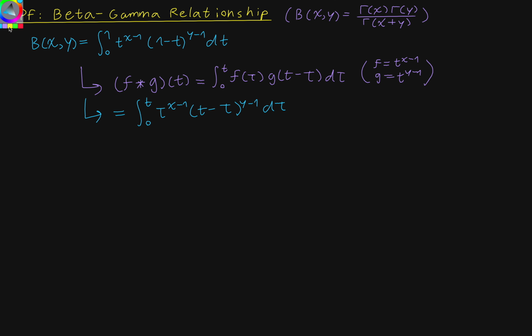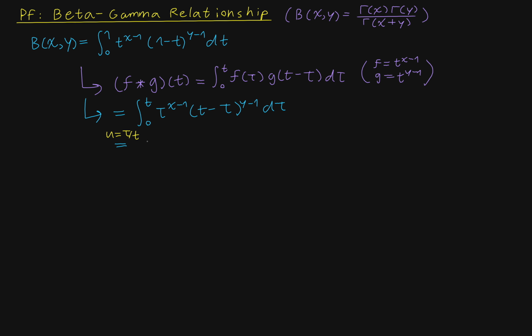Okay, so now what we want to consider is a substitution. If we let u be equal to tau over t, then we're going to get some nice simplification. Basically, we're going to get three pairs of t's here, one from changing to the du, and the others from these pairs of exponents.